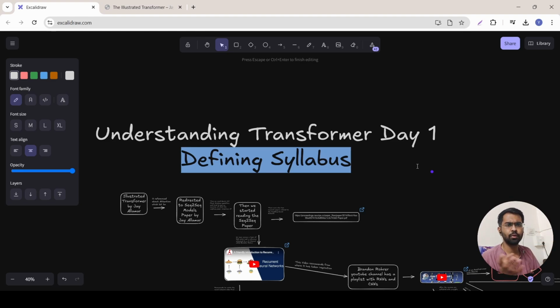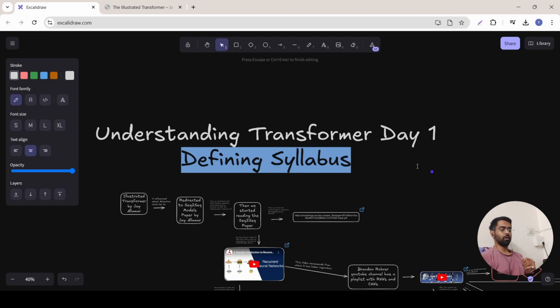I have 3 or 4 months of time, so for understanding this one single concept of transformers, I have set the maximum upper limit at 3 months. Hopefully it should get narrowed down to 1 or 2 months, but for the next 3 months, we will be allocating 1 hour daily in this direction.